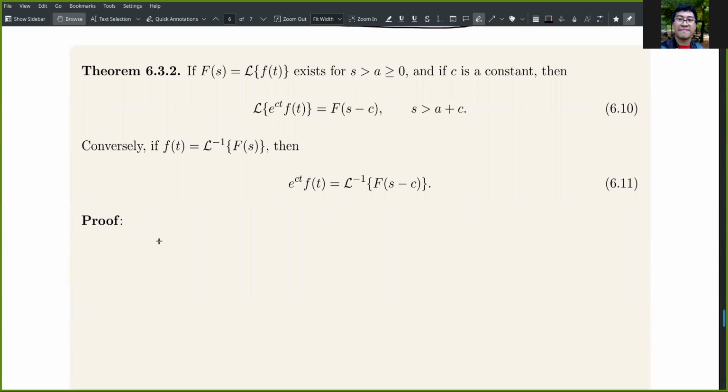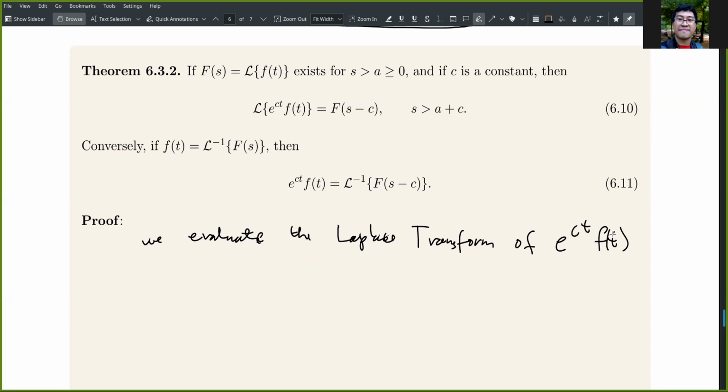For the proof, we evaluate the Laplace transform of e^(ct) f(t).